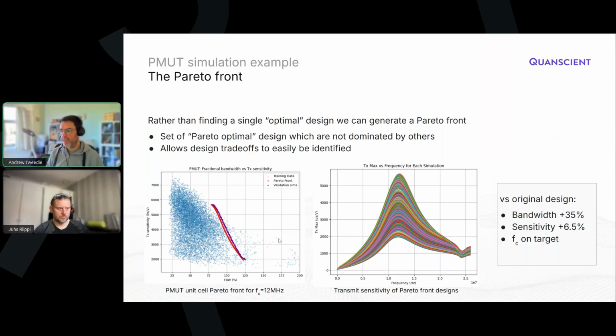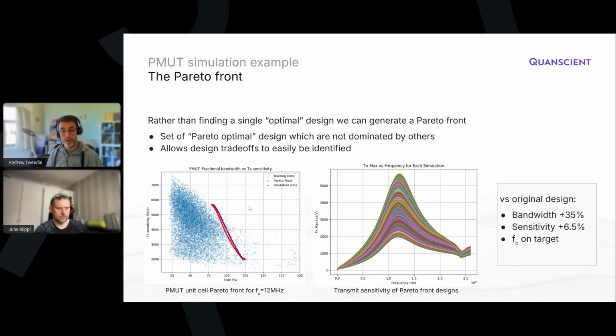And we see that in this study here on our simple PMUT unit cell, where we have a measure of bandwidth that we would like to optimize. We have a measure of device sensitivity that we'd like to optimize. So we'd like to be in this top right corner.